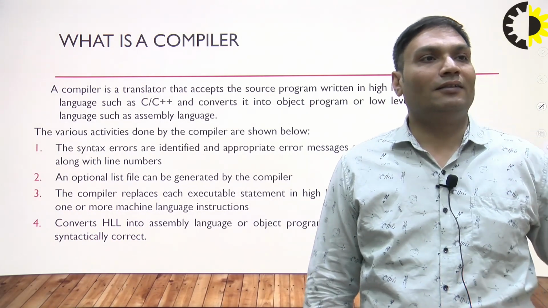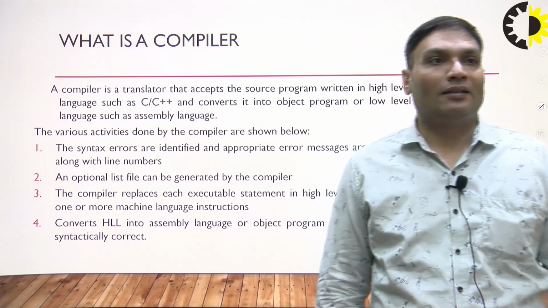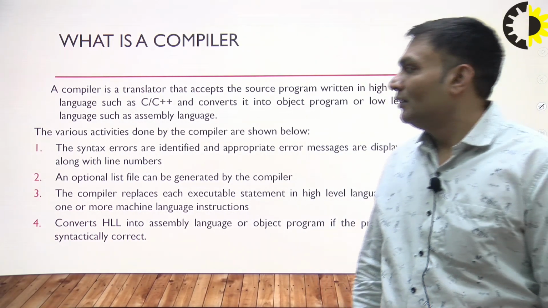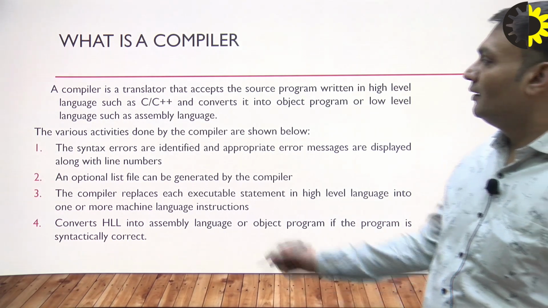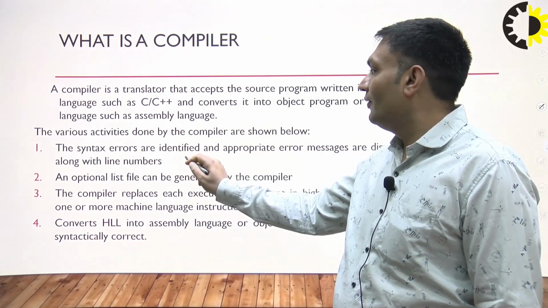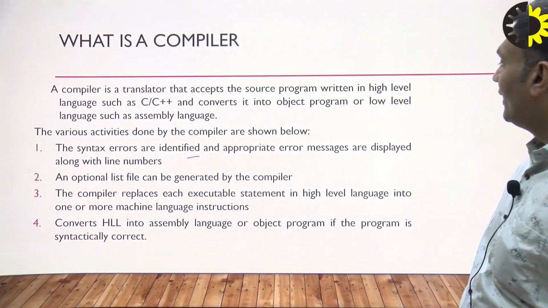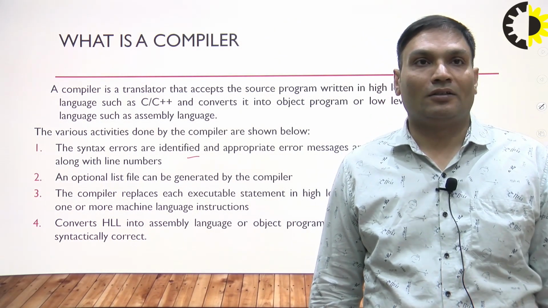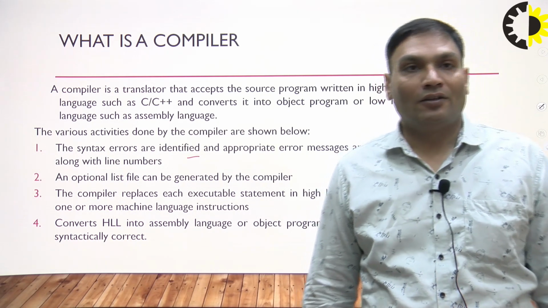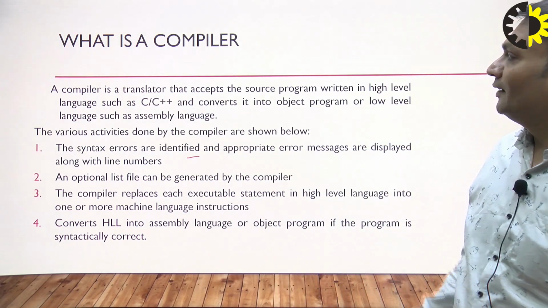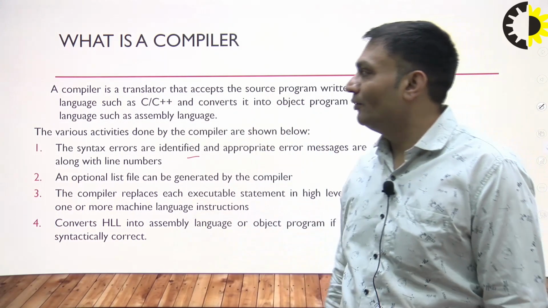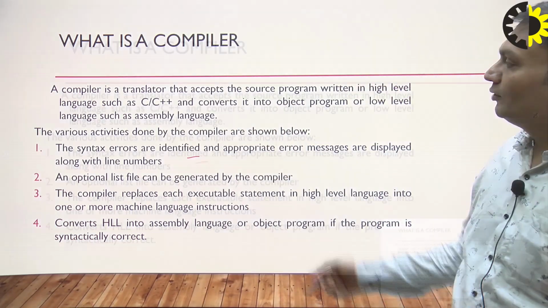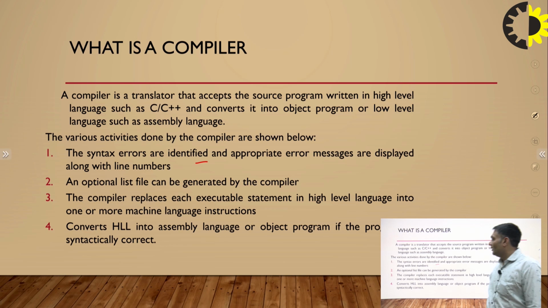So, there are various activities by the compiler, like syntax errors are identified and appropriate error messages are displayed with the line number. So, it doesn't only convert the source program into the target program, but it also displays errors along with the line number.